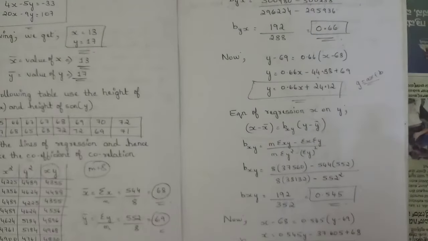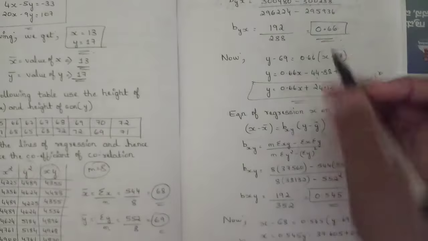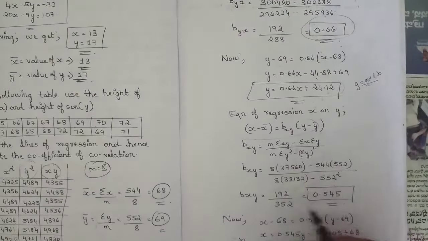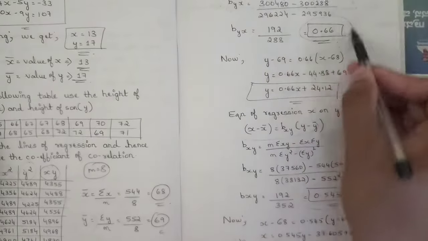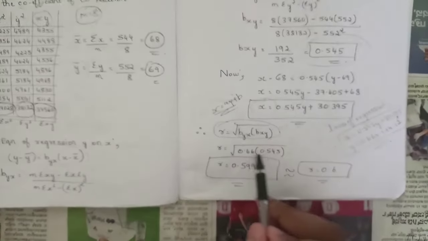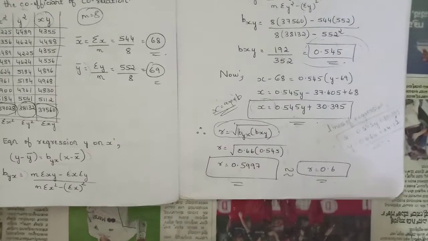When we were finding the regression lines, we wrote the values for byx and bxy. Those values only we are going to substitute, that is byx is 0.66 and bxy is 0.545. Put those values in this and find the correlation coefficient.